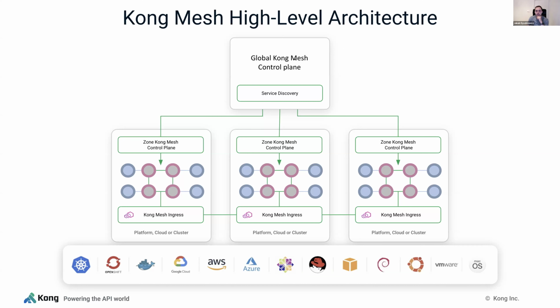This policy is then synced to every cluster. And the global control plane is also used to see your whole mesh. You see all the services that you have between your zones, all the data plane proxies, and so on.